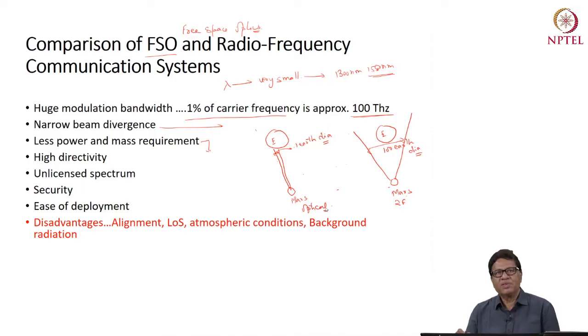So the size of the equipment, the transmit antenna or the receive antenna, is much higher. And you require huge power for transmitting RF signals over a long distance, whereas the amount of power required for transmitting an optical signal is quite less. So the equipment used for optical wireless communication consumes less power, and is also compact and light.